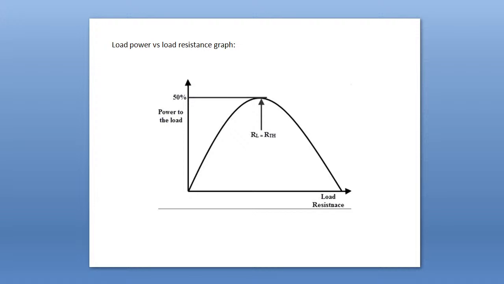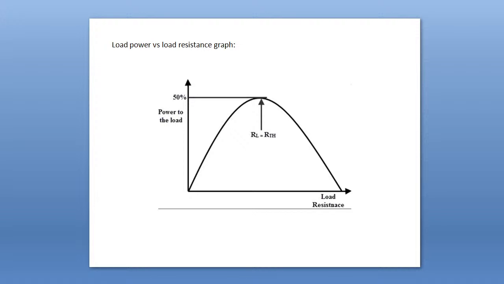And you have seen through the experiment verifying the maximum power transfer theorem that maximum power is transferred from source to load if RL equals RT. That means this is the match condition.